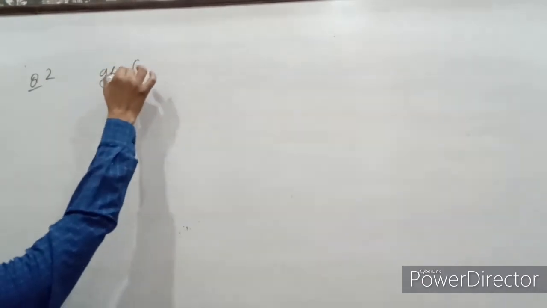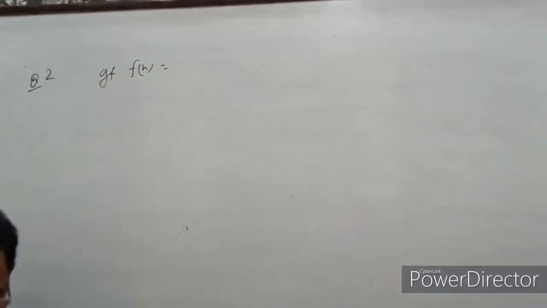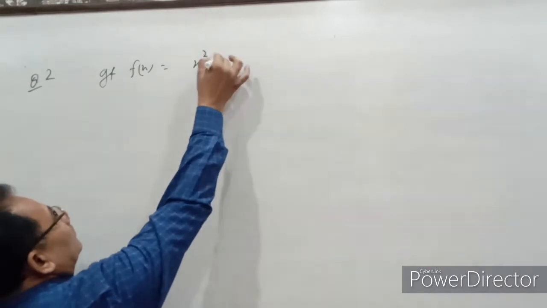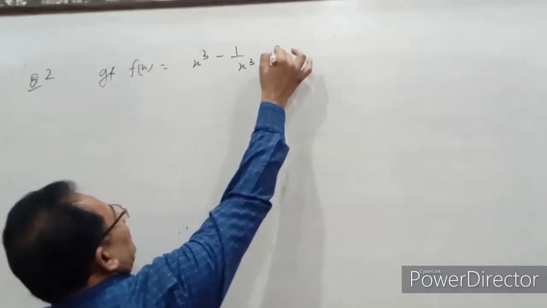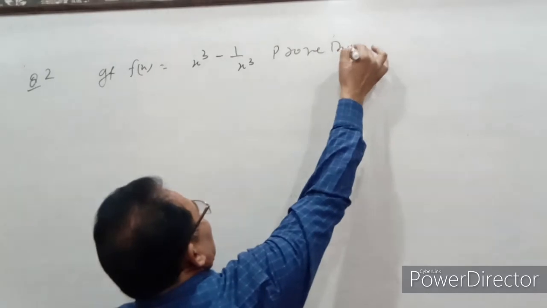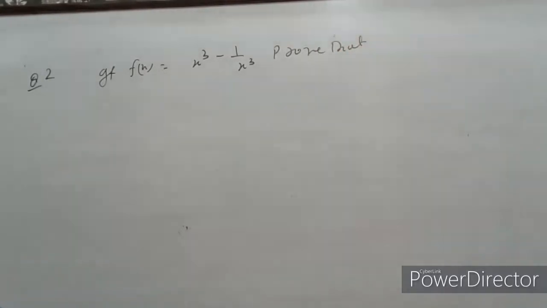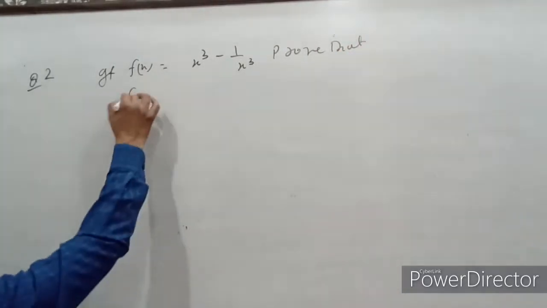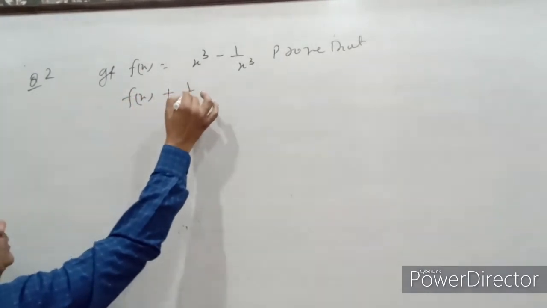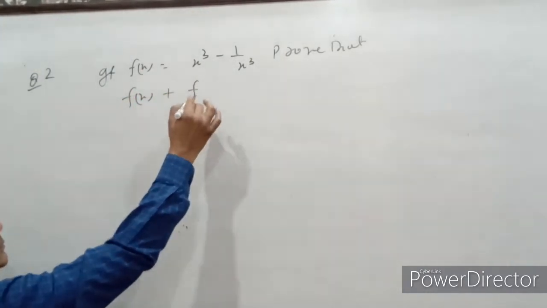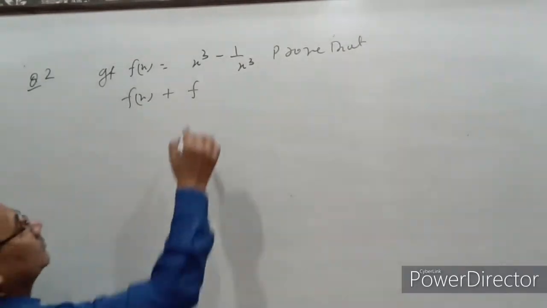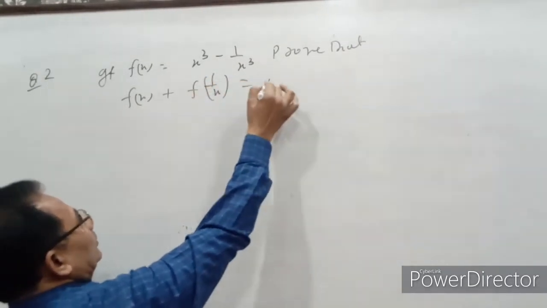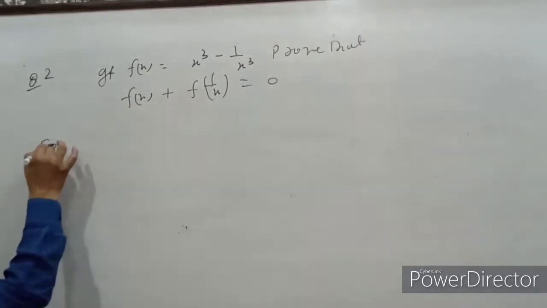If f(x) is equal to x cubed plus 1 upon x cubed minus 1 upon x cubed, prove that we have to prove f(x) plus f(1 upon x) is equal to 0. Solution.